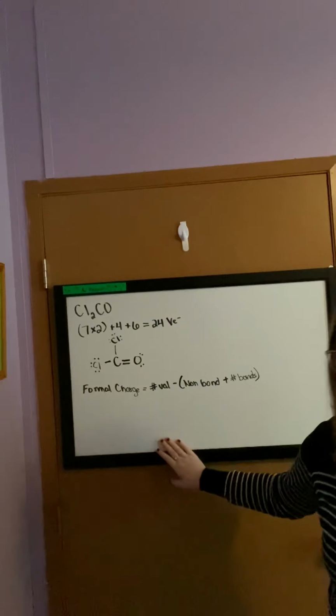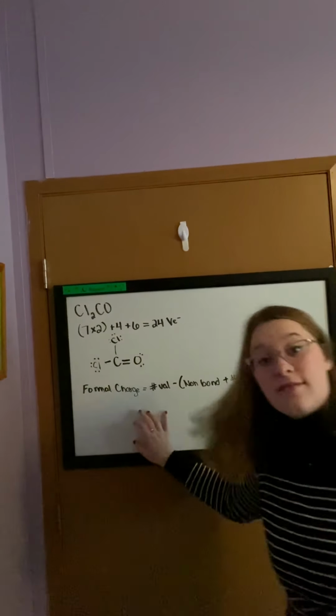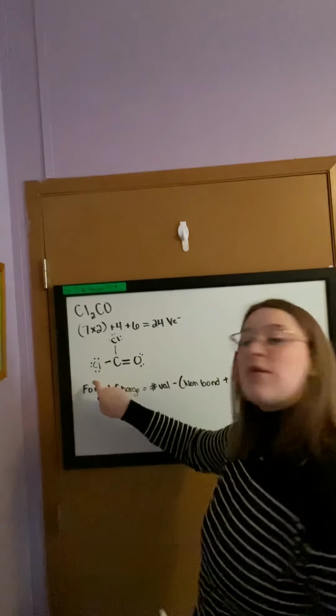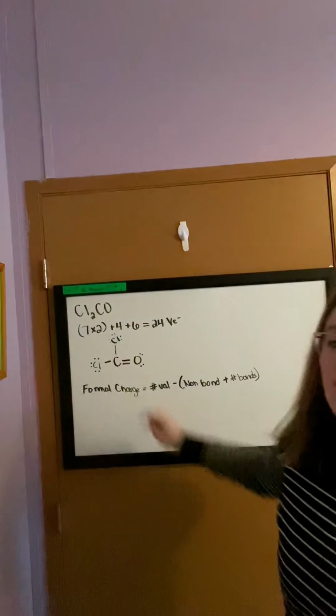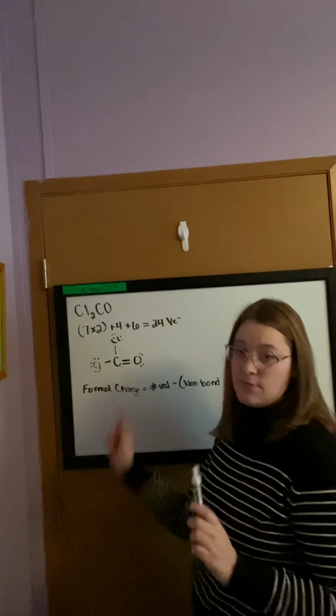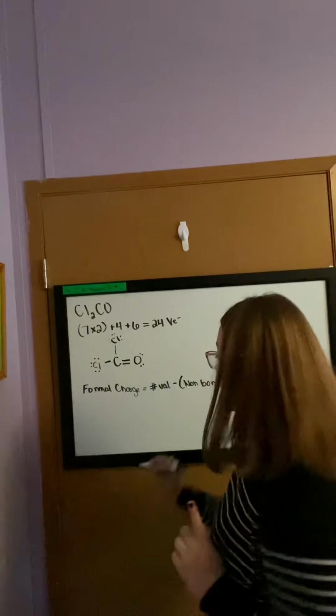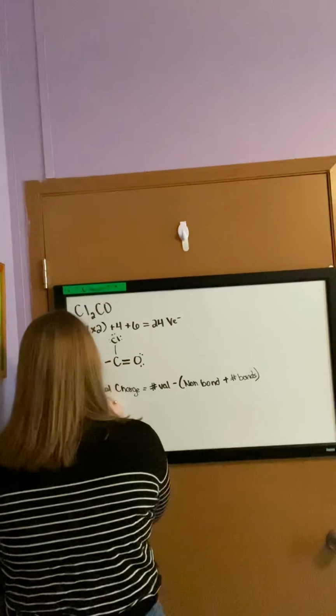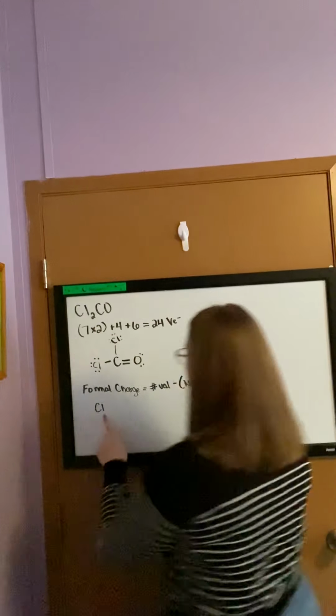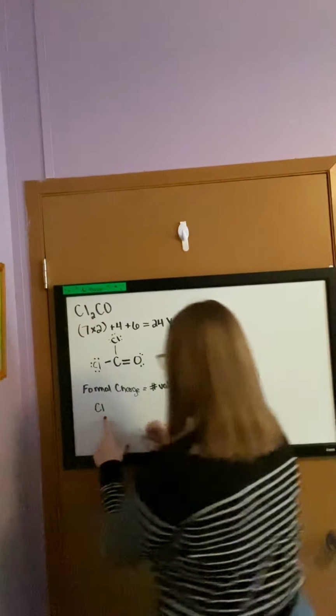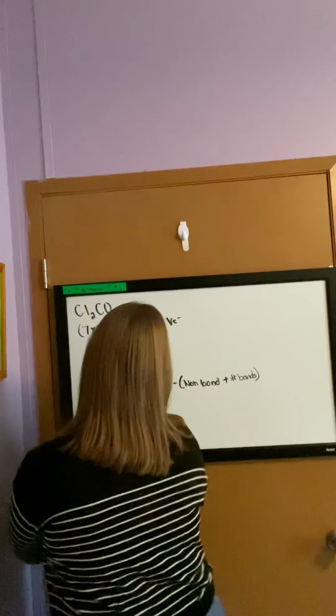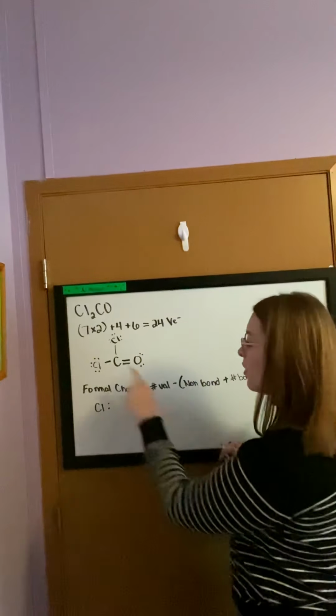So we are going to start with the easy example, and we are going to start with the 2 chlorines because the 2 chlorines look the same. We only need to do 1 formal charge for it. So we're going to write Cl. I just like to label all of my formal charges. Then I'm going to go dot, dot. Now I'm going to take the number of valence electrons.